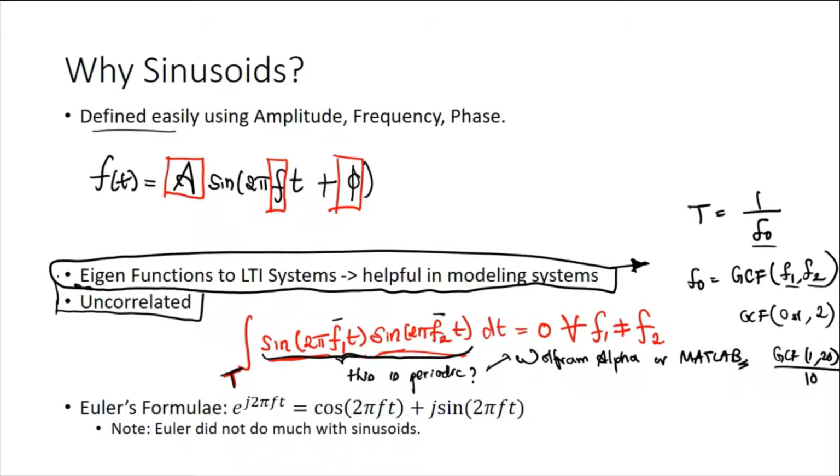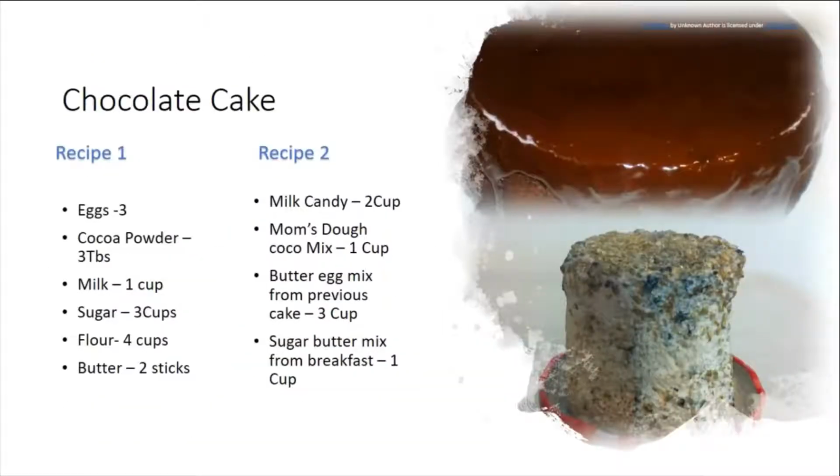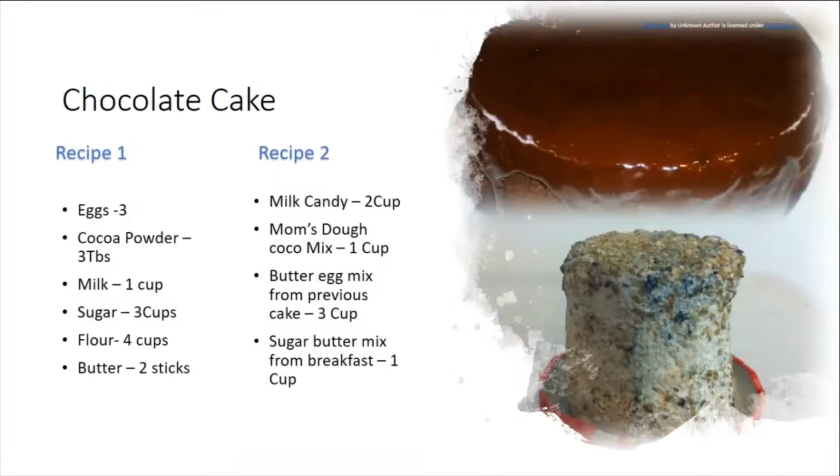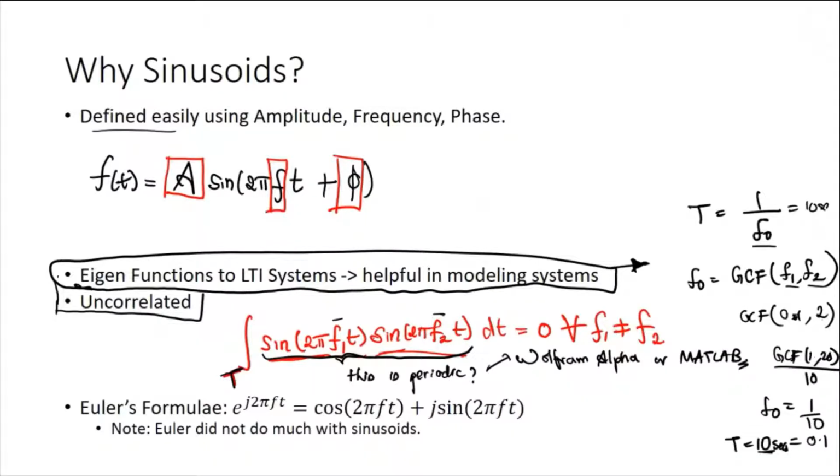The GCF of 1 comma 20 is just 1, so it's 1 by 10. So f naught is 1 by 10, hence 0.1. So what's the time period? The time period equals 10 seconds. So that's what you're going to get for two frequencies of 0.1 and 2.